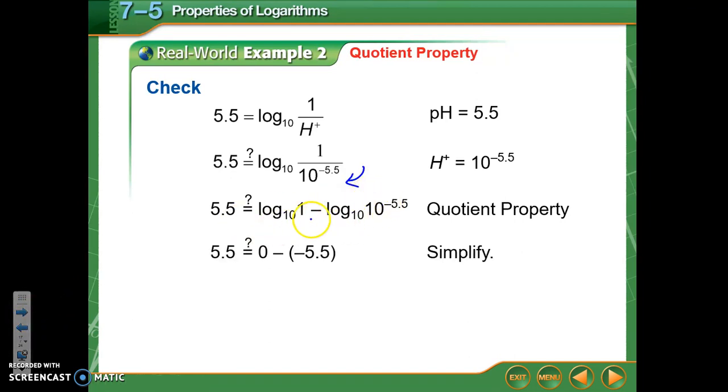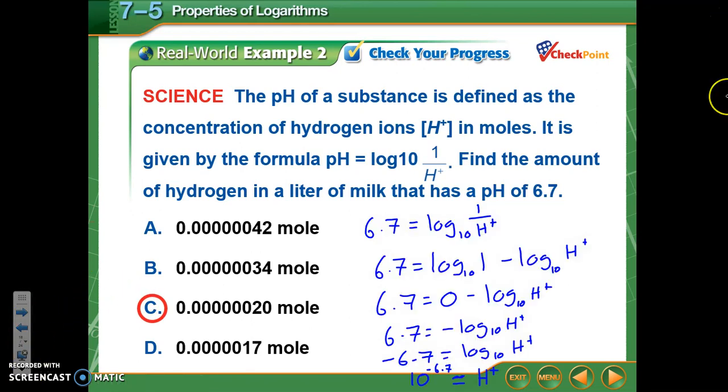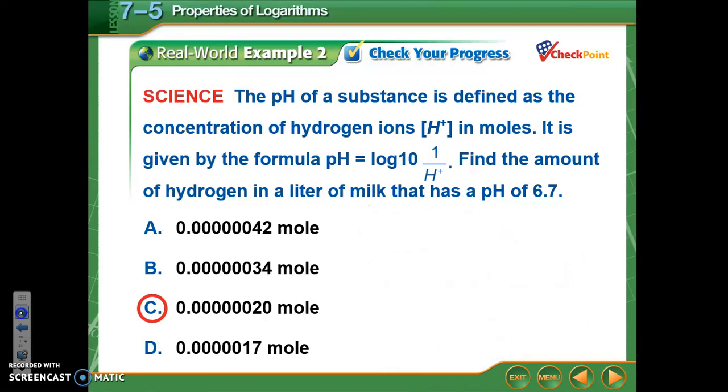If I use the quotient property to write it out, log base 10 of 10 to the negative 5.5 gives me negative 5.5. 0 minus negative 5.5 is 5.5, so it works. All right, you guys try this one. Okay, you should have gotten C. And there's the work for how we got there. It's almost exactly like the example we just looked at. We're just using a different pH.